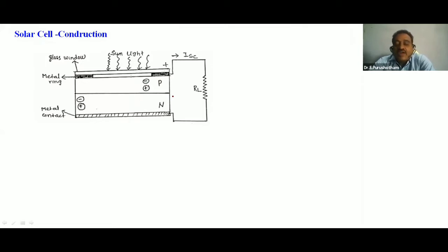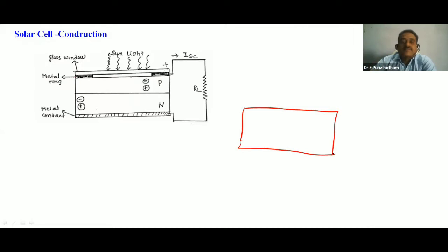The PN junction diode is packed in a glass box or glass can or casing.